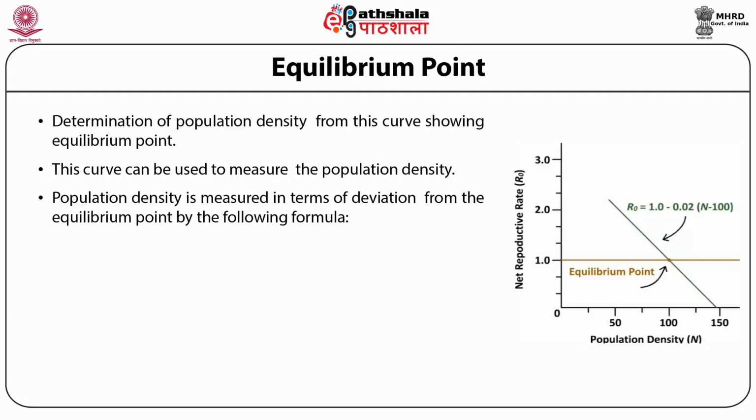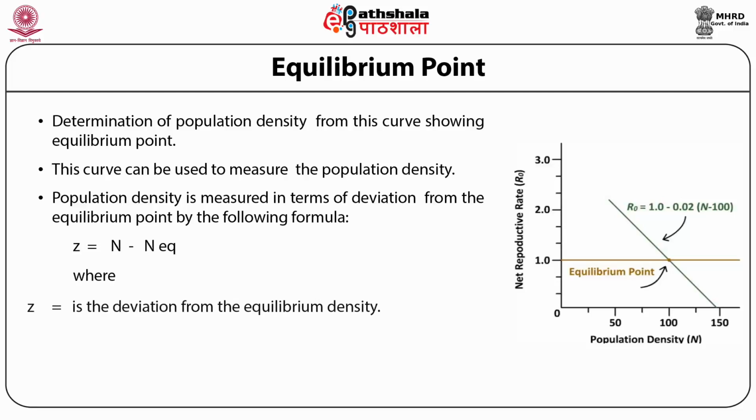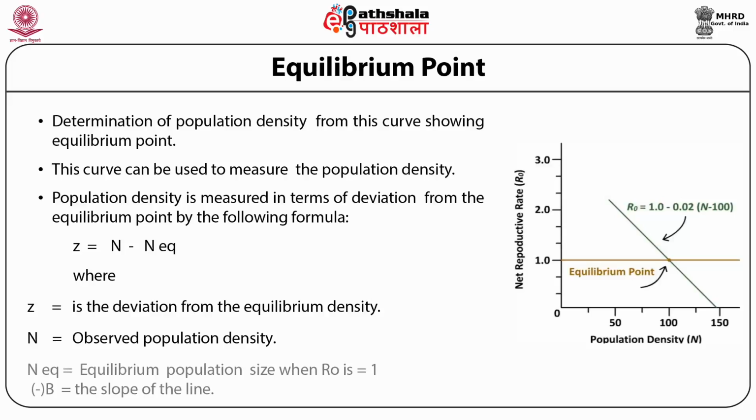In this curve, we can apply the formula Nt+1 = R0 × Nt, where Z can be calculated in the following manner. Z is equal to N minus Neq, where Z is the deviation from the equilibrium density, N is the observed population density, Neq is the equilibrium population size with R0 equal to 1, and B denotes the slope of the line.